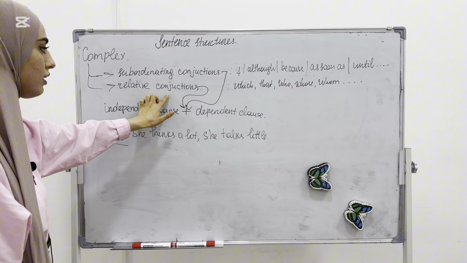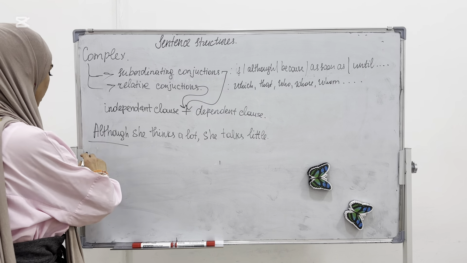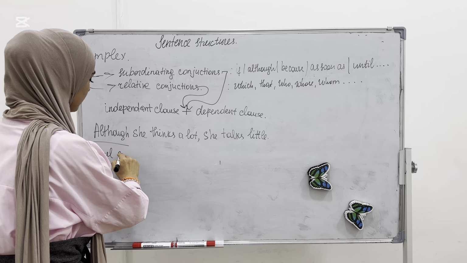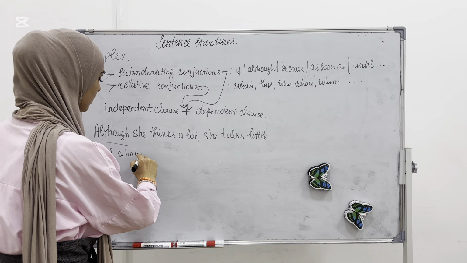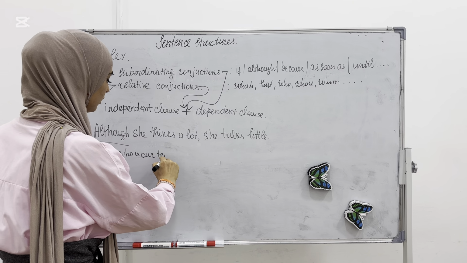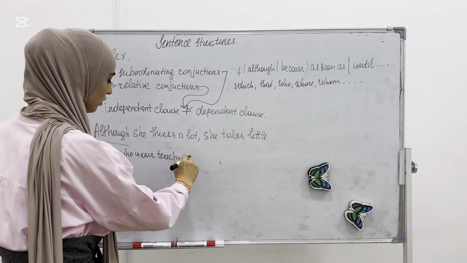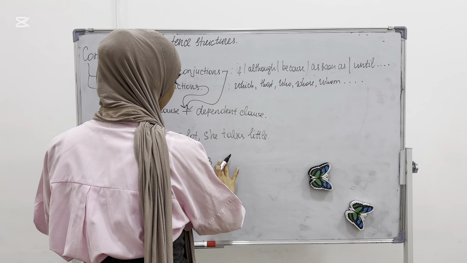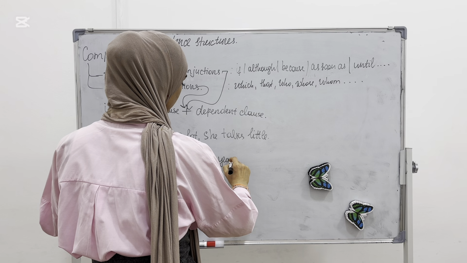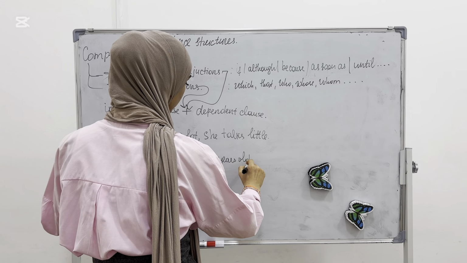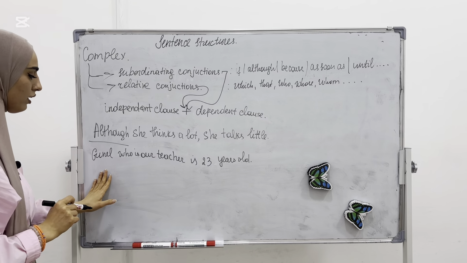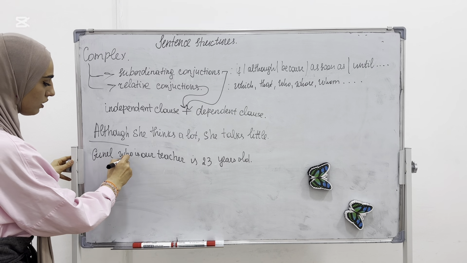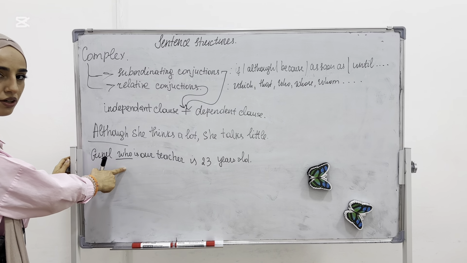What about relative conjunctions? So Günel, who is our teacher, is 23 years old. Do you see? Who is a relative conjunction.